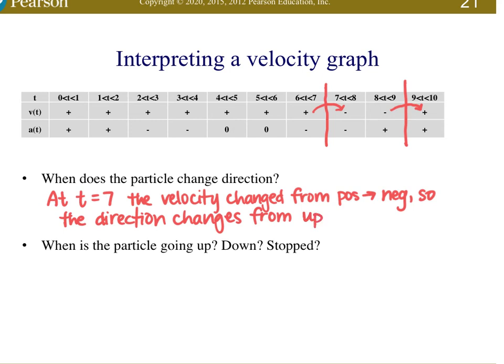Actually, up to down. Okay, changed direction. But it changed again, right? It changes again at time 9.